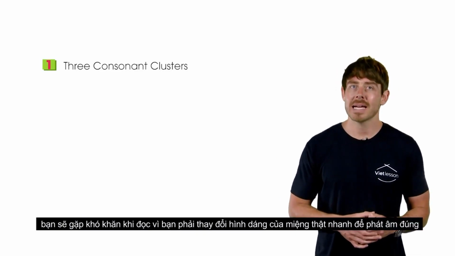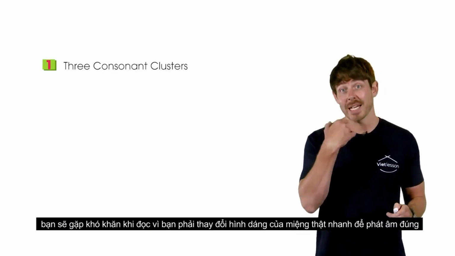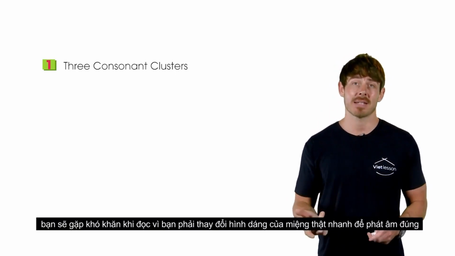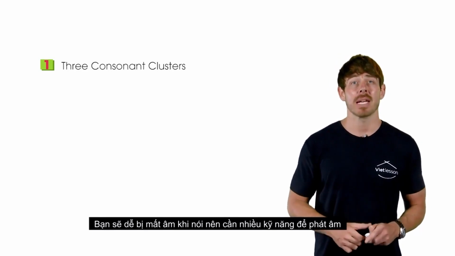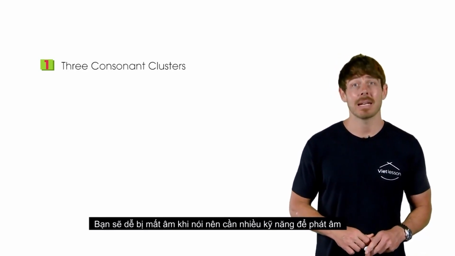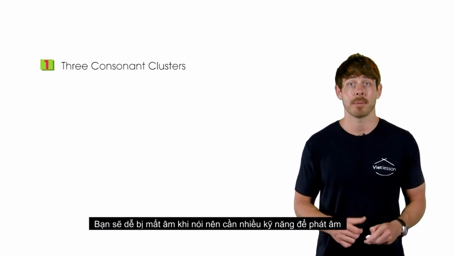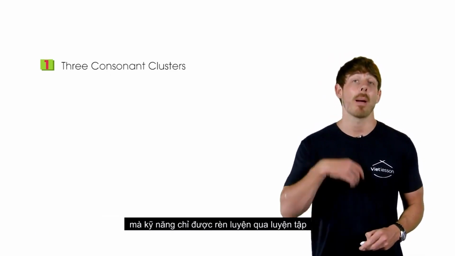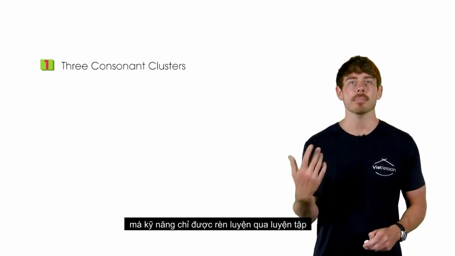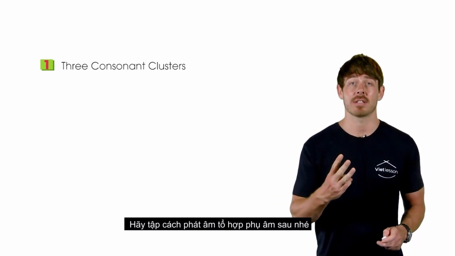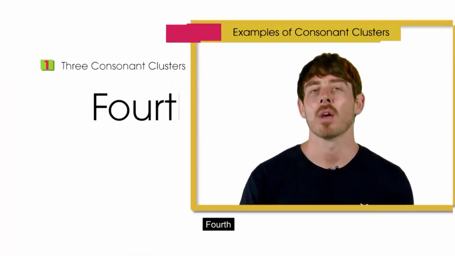They are hard as you need to change the shape of your mouth quickly to make the correct sound. Pronunciation is easily lost, so the word takes more skill to say, which only comes from practice. Let's practice some more three-letter consonant clusters.